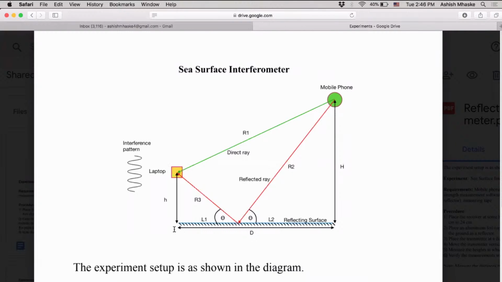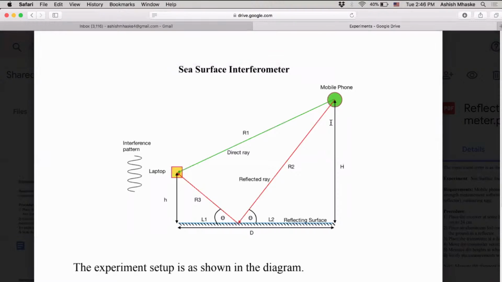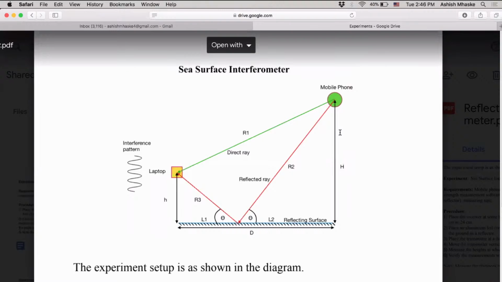You know the distance between the laptop and the mobile phone. Then at this fixed distance, you just have to vary the height of the mobile phone and see if you can get an interference pattern. You note down the heights at which you keep your mobile phone, and then see the signal that is received at the laptop.